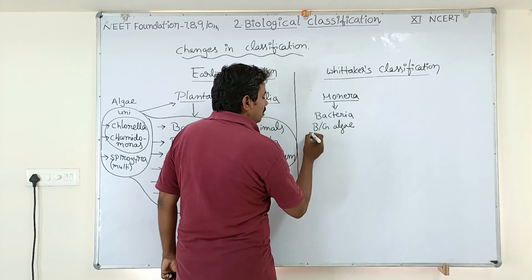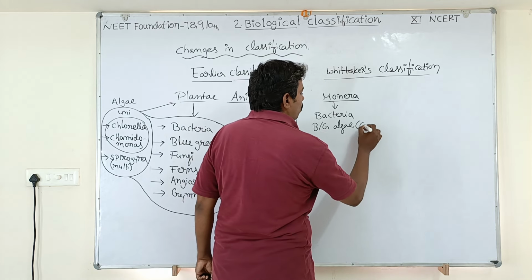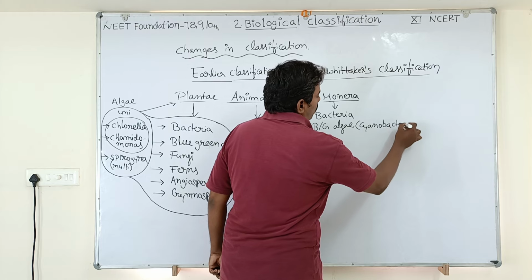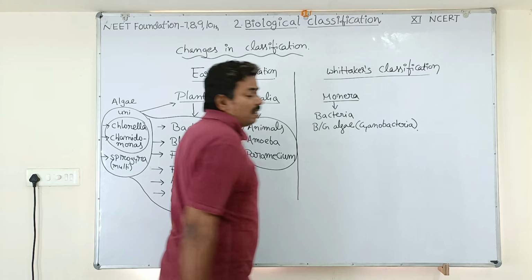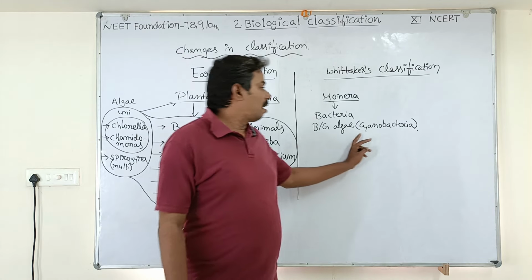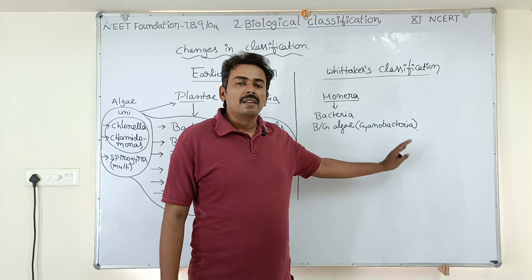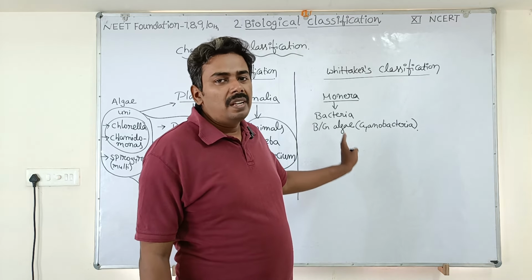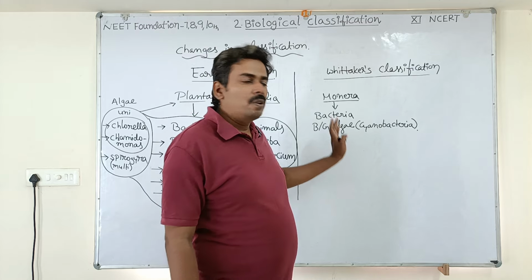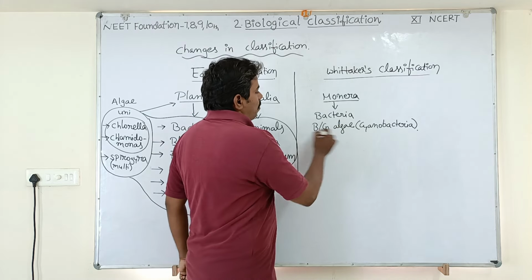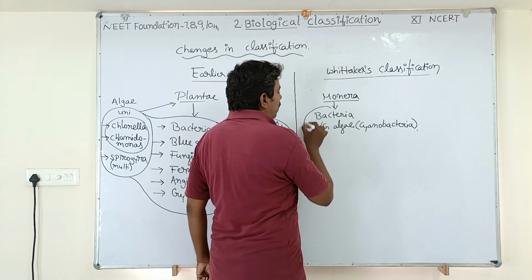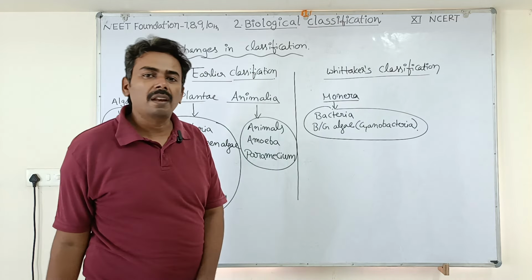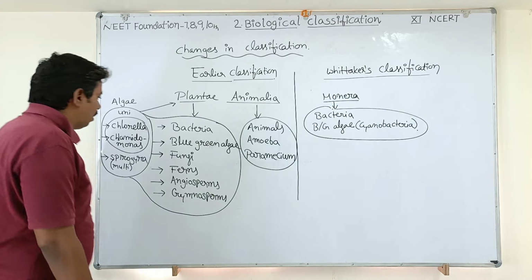The blue-green algae is also called cyanobacteria, students. Very important point. They are also one kind of bacteria having photosynthetic ability, that is, they can produce their own food. So bacteria and blue-green algae were moved into a new kingdom called Monera in Whittaker's classification.